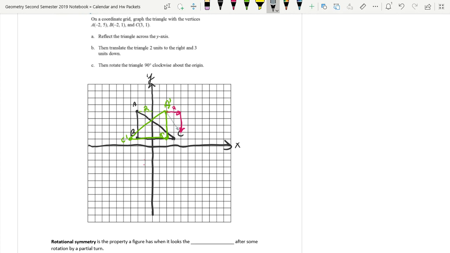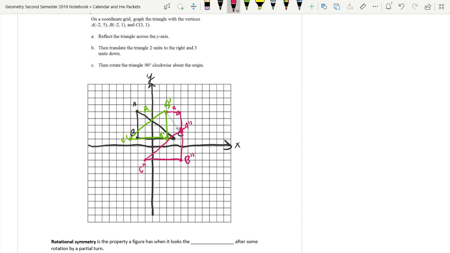So 2 to the right, 3 down, and this is going to be called a prime, no, a double prime, right? A double prime, and then B, 1, 2, 3, B double prime, and then C to the right, 1, 2, 3, C double prime. I'll go ahead and draw on the triangle. There we go.